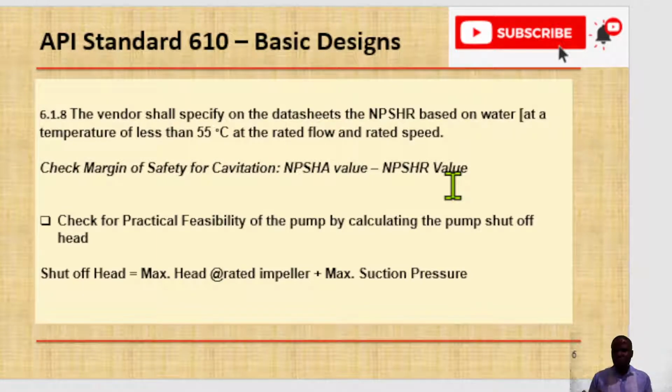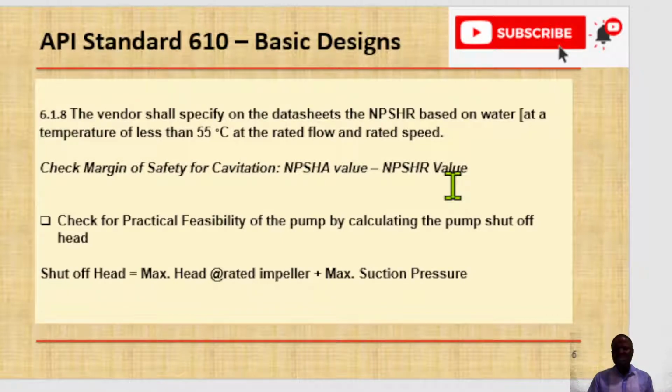So which is okay. Some plants can still accept 0.6 meter, but anything less than 0.5 or 0.6 you don't accept, because cavitation in the long run will set in during the operation of the pump.